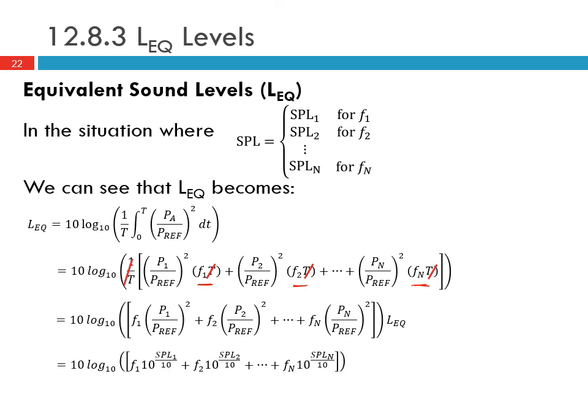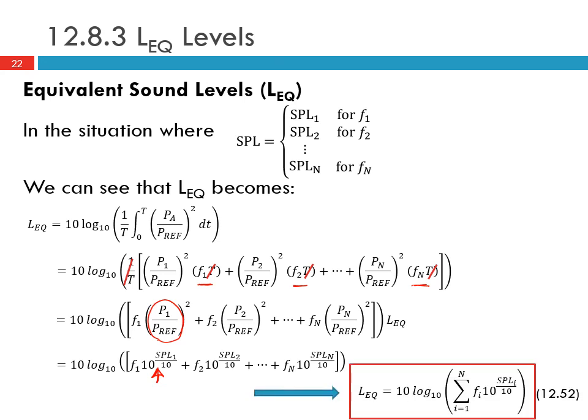For each of these P1 over P ref squareds, we can rewrite that as 10 to the exponent SPL1 over 10 up to 10 to the exponent SPLn over 10. So what we get is that LEQ is equal to 10 log of the sum of Fi times 10 to the exponent SPLi over 10, where again, Fi is the fraction of the total time spent at the sound pressure level SPLi.